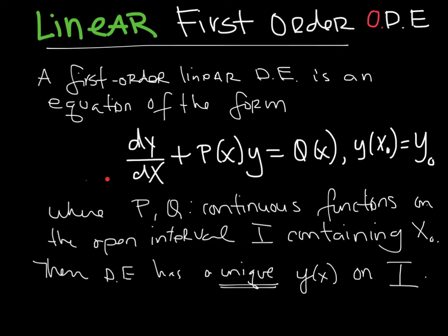Hence, we call this an IVP, an initial value problem, because we have our equation and we have our initial condition where we're starting. So if we have this information, then this differential equation has a unique solution, y of x.